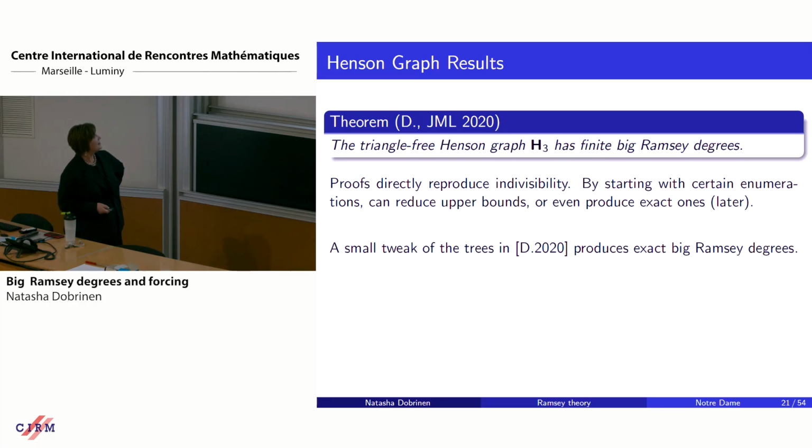All right, so that led to these results, and a couple of differences between the previous methodology was that these proofs directly reproduce your indivisibility, and also, what I was really aiming for in this work was to get the infinite dimensional. And I got very close, but I didn't get it exactly, so we got it later. But it set up a lot of the pieces for the infinite dimensional, and it got some very good bounds.